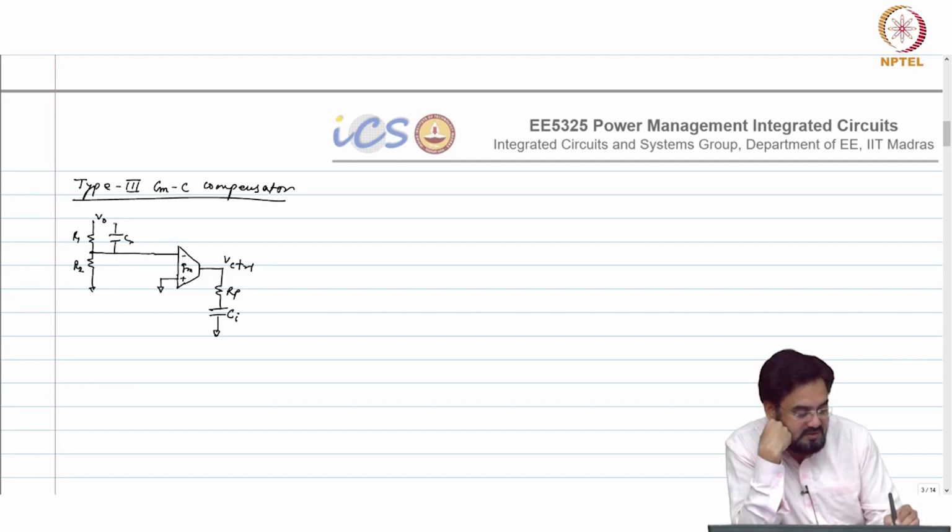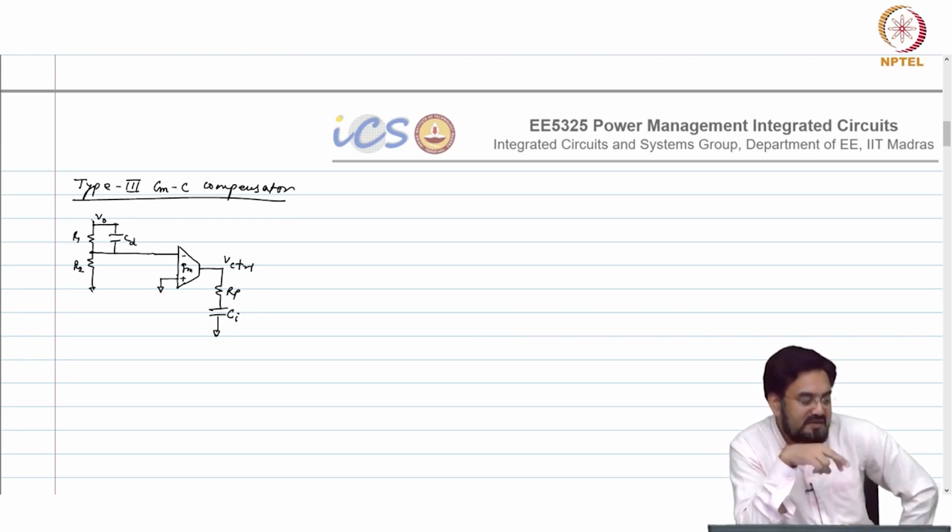If I call it, let's say, CD. This will have a 0 or not? Where will be that pole?